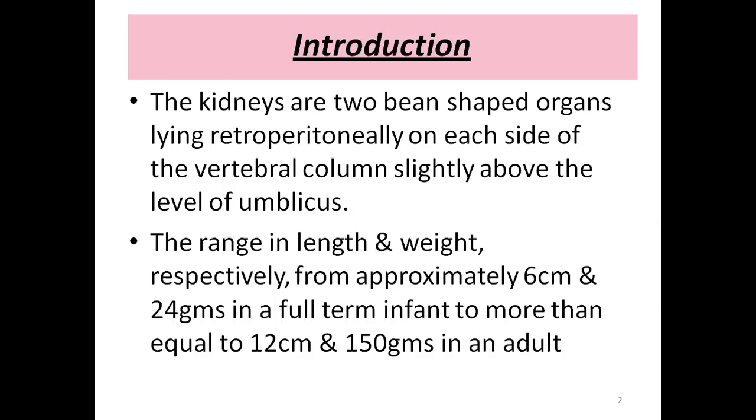This you might have gone through in your anatomy lessons. The approximate length and weight of the kidney is around 6 centimeters and 24 grams in a full-term infant, and approximately 12 centimeters and 150 grams in an adult.